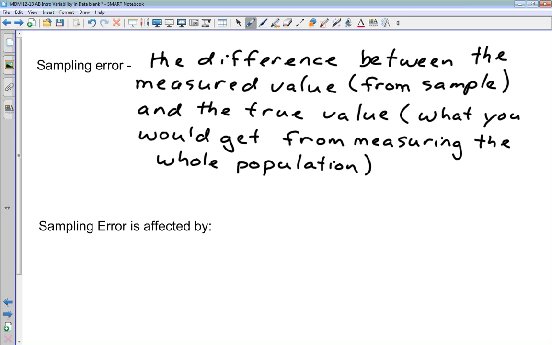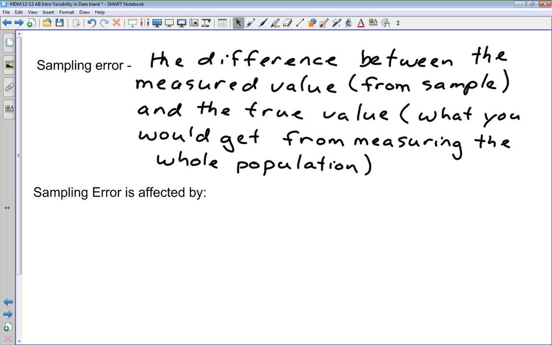Okay? So what are some of the things that are going to affect sampling error? Number one is the size of the population. It's the first one I'm going to mention here, and it's also probably the least important one.